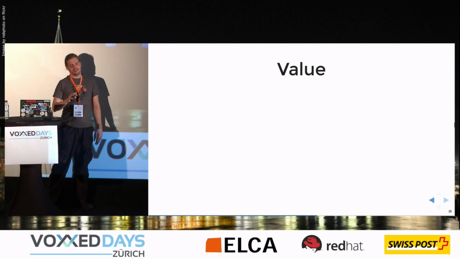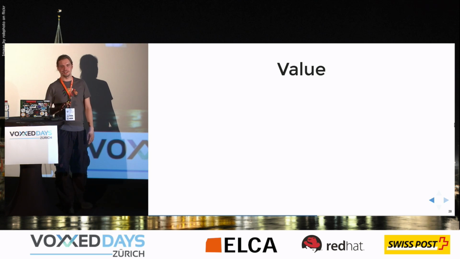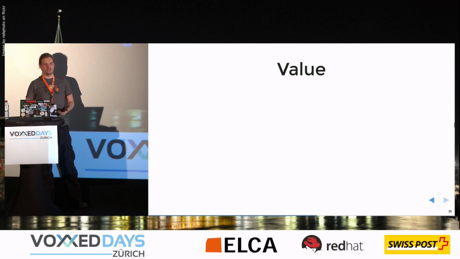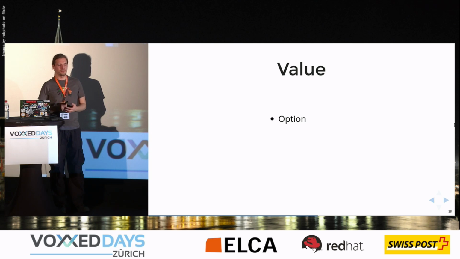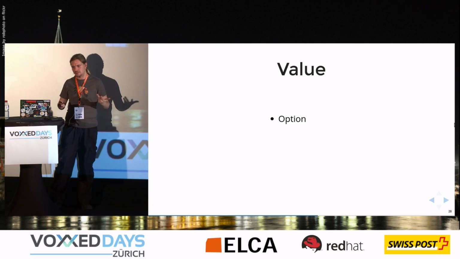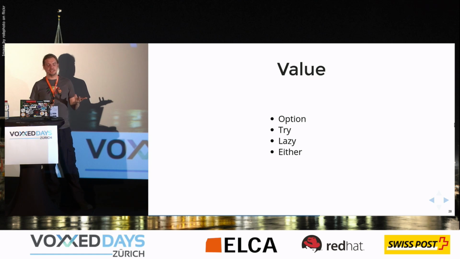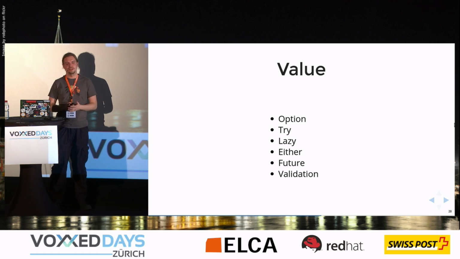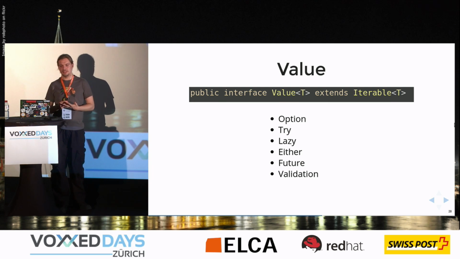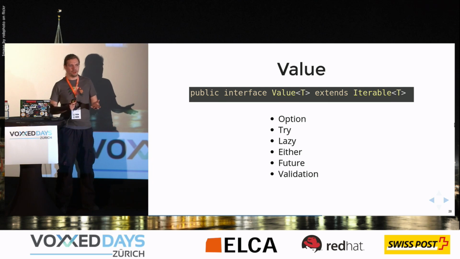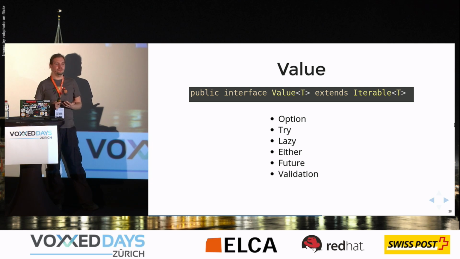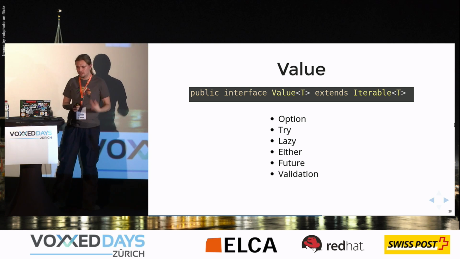Another one, I would say the most important building block of the whole Javaslang, is the mighty Value, which represents a pure value that can't change its state. In Javaslang, you also have Option, which is a Value. We have Try, Lazy, Either, Future, Validation. And what's super nice about it is that if you traverse the core type hierarchy, you will notice that the Value interface at some point extends Iterable.